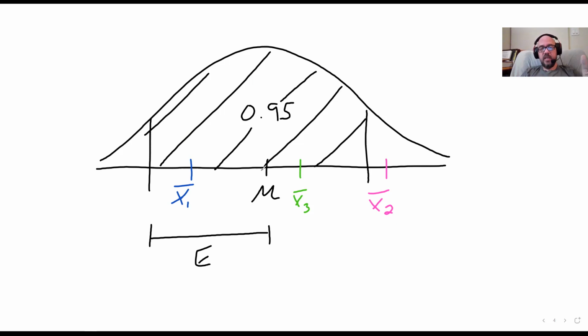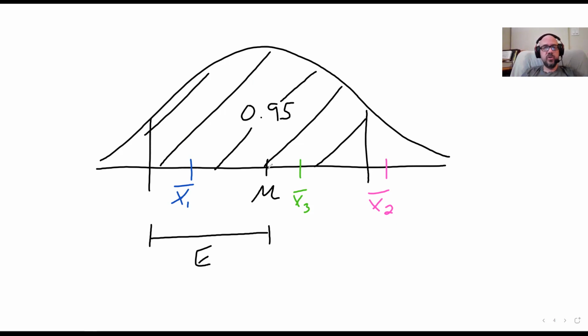But the basic idea here is, let's say I'm doing 20 degrees of freedom. I take a sample of size 21, so I've got 20 degrees of freedom. I want to see how many standard errors I need to go on either side in order to capture 95% of my data.